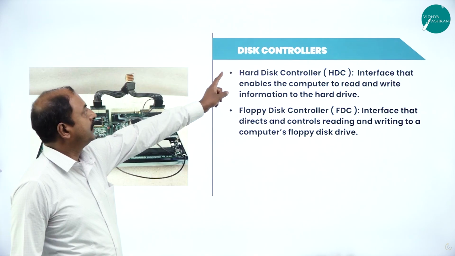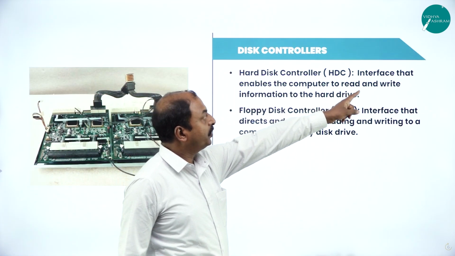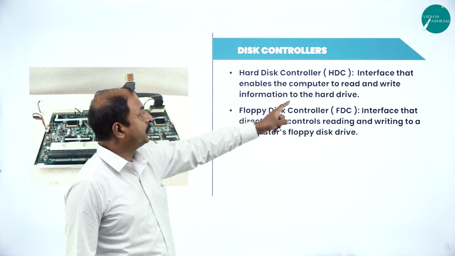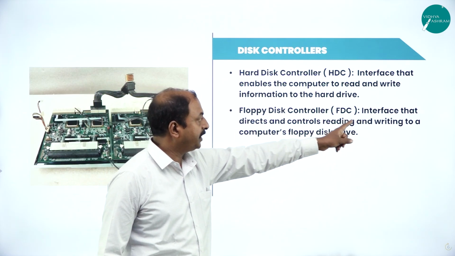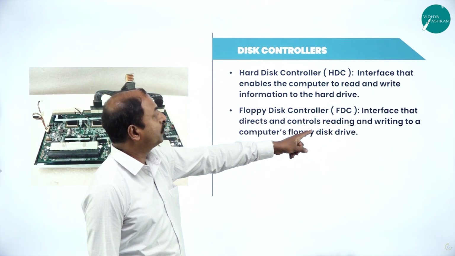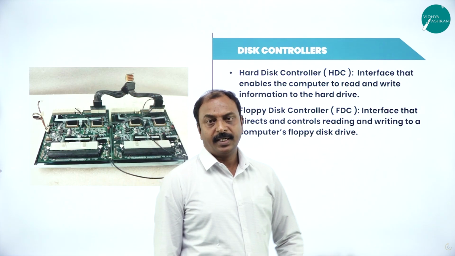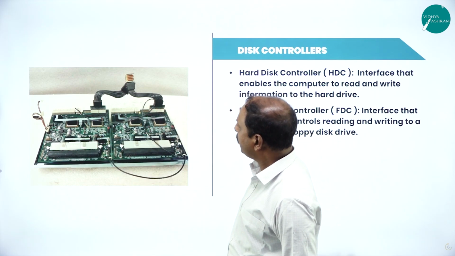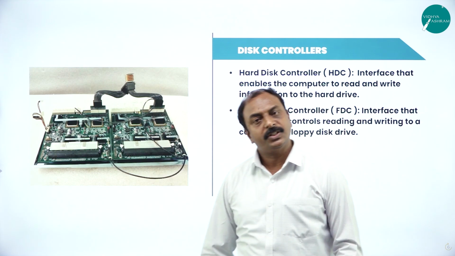One is the hard disk controller interface, which enables the computer to read and write information to the hard drive. And this is the floppy disk controller, FDC. It controls reading and writing to a computer's floppy disk drive. Again, look at the diagram here. These two are where we connect hardware, that is the hard disk or floppy disk drive, to the system.